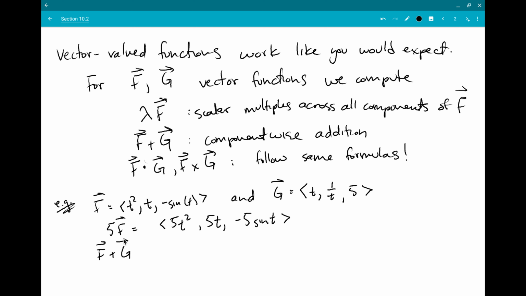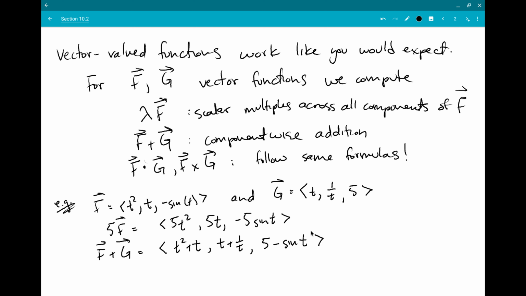F plus g is going to be component-wise t squared plus t, t plus 1 over t, and 5 minus sine of t. And when you write the vectors with these angle brackets, it's really easy to remember.